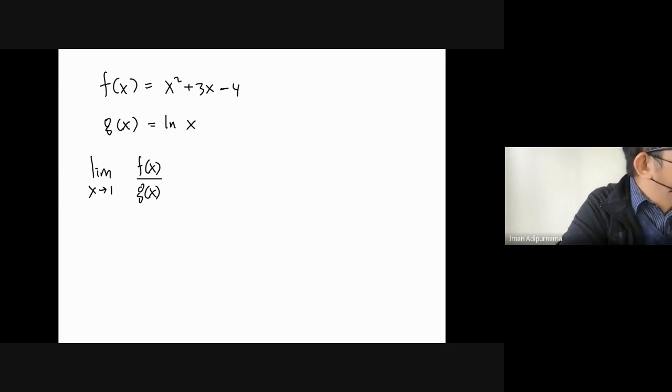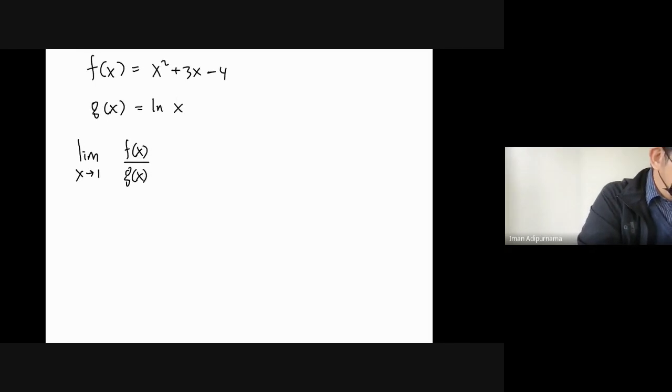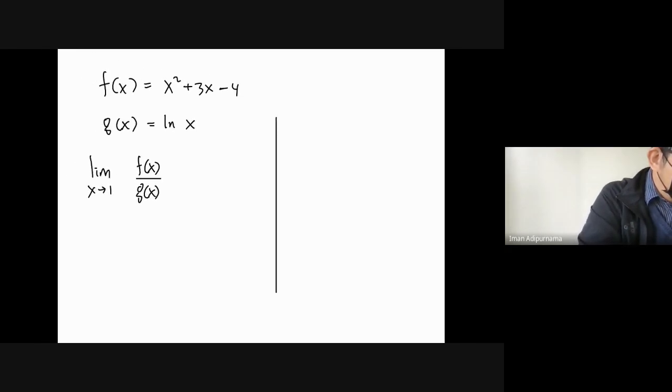Okay, so first, let's try to draw the graph and see what is happening to the graph at x near 1. Okay, we can check with the graph.